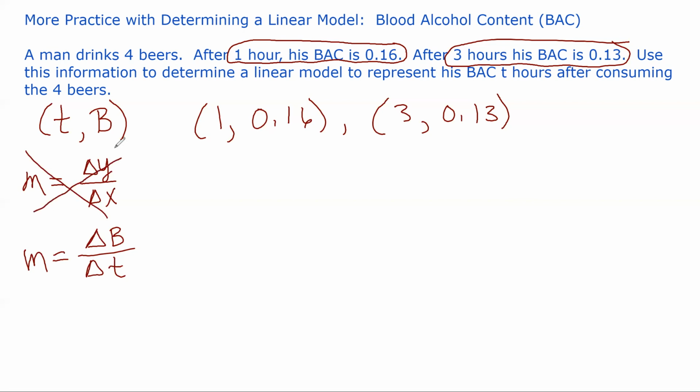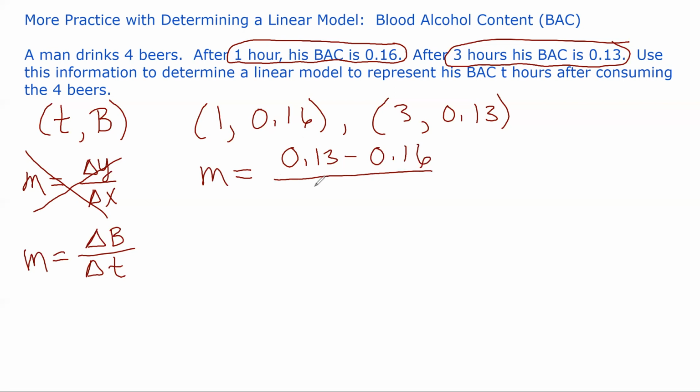And remember, the delta symbol, the change symbol, indicates we're going to find the difference and we're going to subtract. So our slope, or rate of change, is 0.13 minus 0.16 over the change in time.